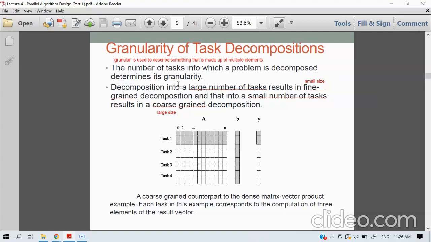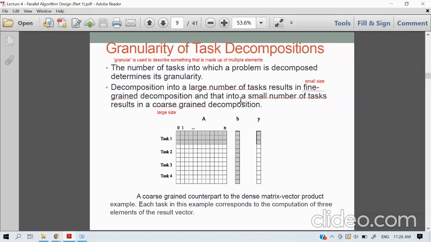Okay, so decomposition happens when, okay, there are two situations here. If the decomposition is into a large number of tasks, meaning from one problem to many tasks, it is called fine grain. It becomes finer because you have lots of smaller tasks to be executed. And then the opposite of fine grain is called coarse grain.